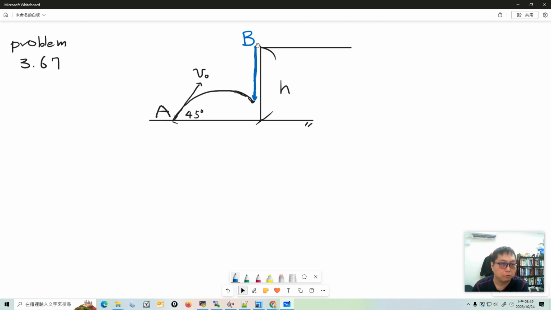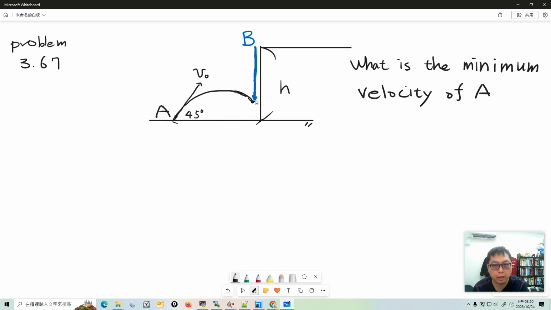Your friend B makes an object free fall, and you want to make your object collide with the object from B. The problem asks, what is the minimum velocity of A for the collision to happen?